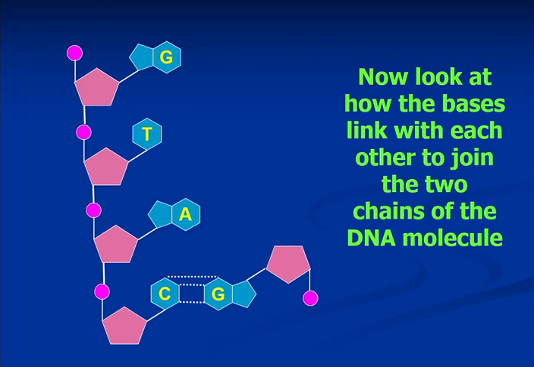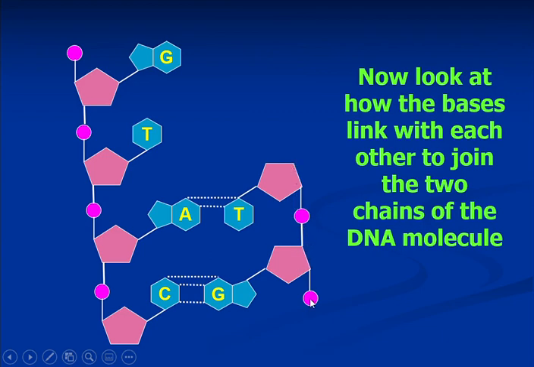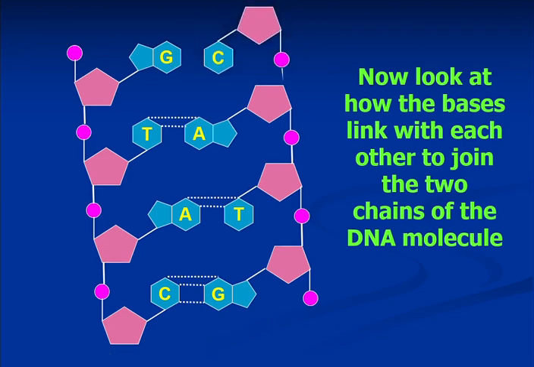If I have adenine, the A, I will then have thymine. And I get the bond. Notice again, I've got the sugar-phosphate backbone happening at the same time. If I have thymine on one side, I will have adenine on the other side. Join and join. And if I have guanine on one side, it will be cytosine on the other side.